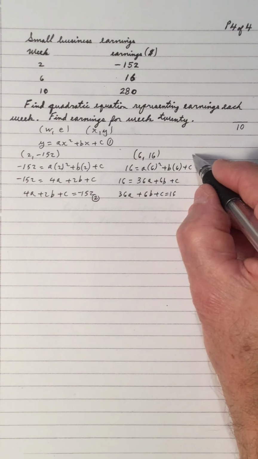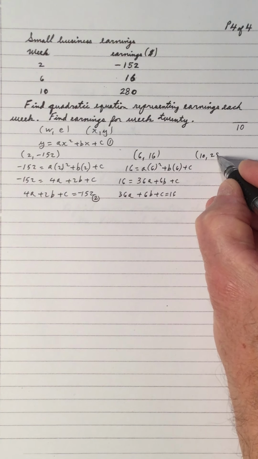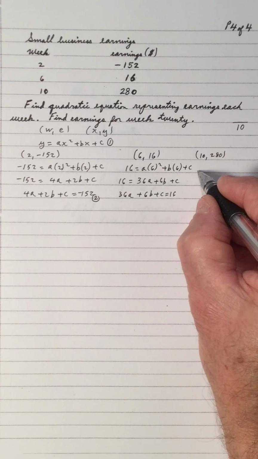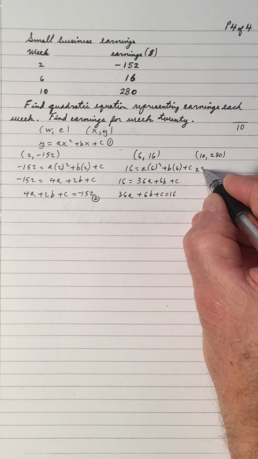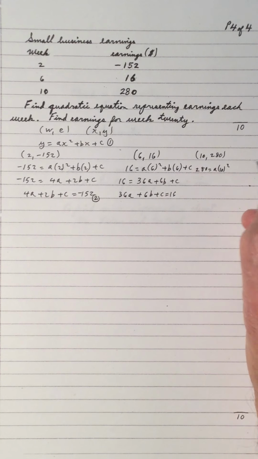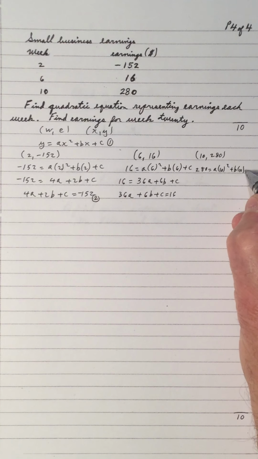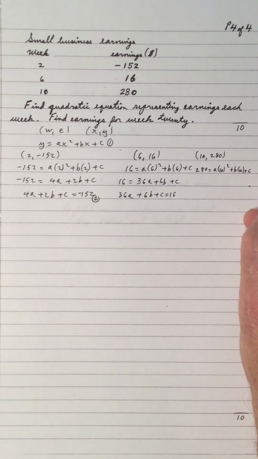So let's sub the next point in. 10 is 280, and that means we have 280 equals a times 10 squared plus b times 10 plus c, and everything is okay.